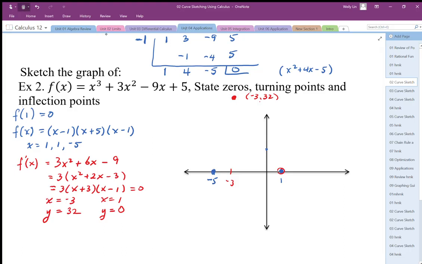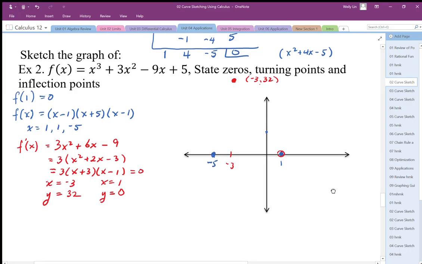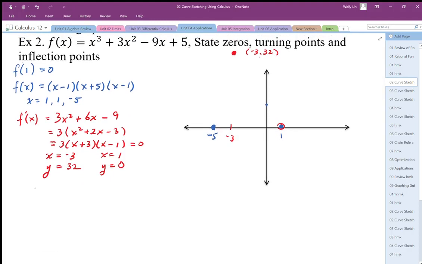Okay, so the last thing we're adding on that we didn't do before is an inflection point. And I'm going to check for inflection points by finding the second derivative. So my second derivative is 6x plus 6. Okay, we want to find out where it's equal to 0. It's equal to 0 at x equals negative 1.